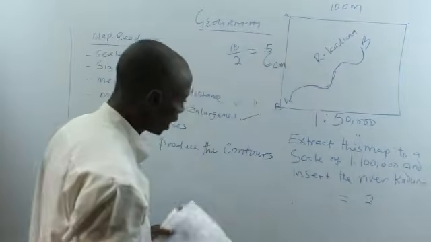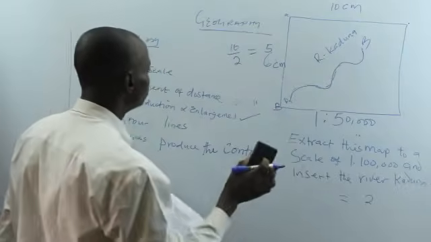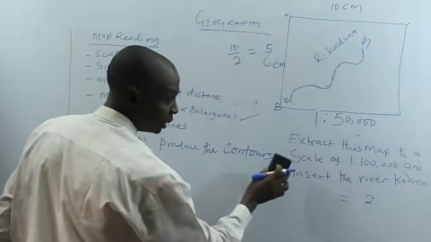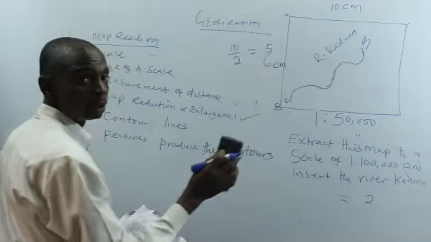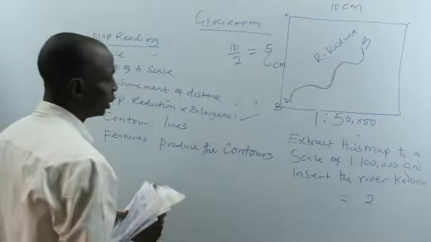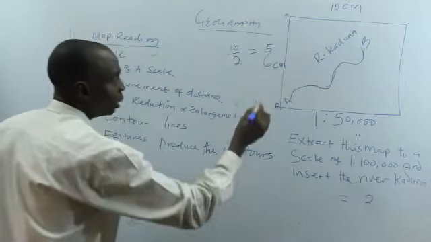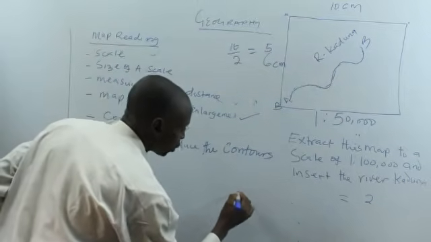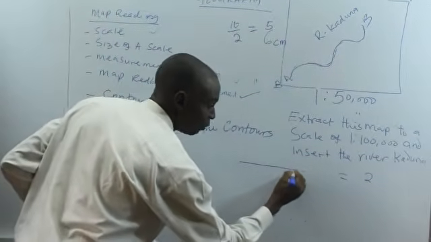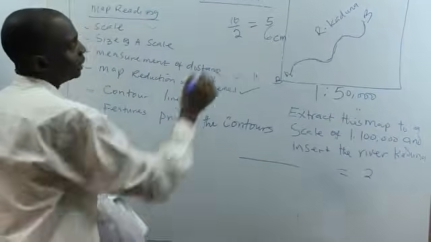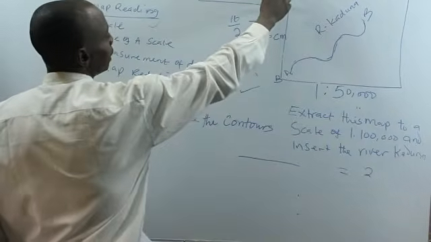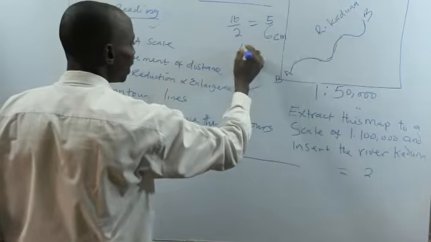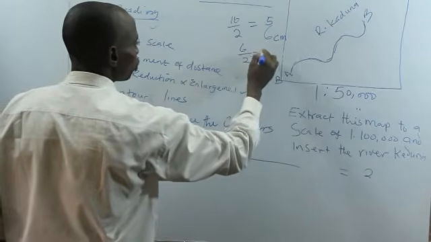So, you pick your ruler and get a new map. 10 divided by 2 is 5. Pick your ruler and draw 5 centimeters. Then the breadth is 6 centimeters. 6 divided by 2 is equal to 3.